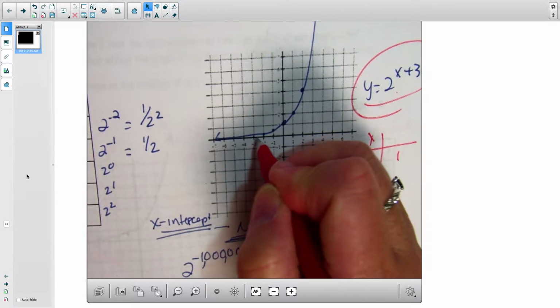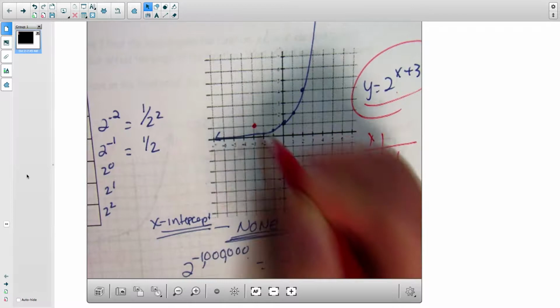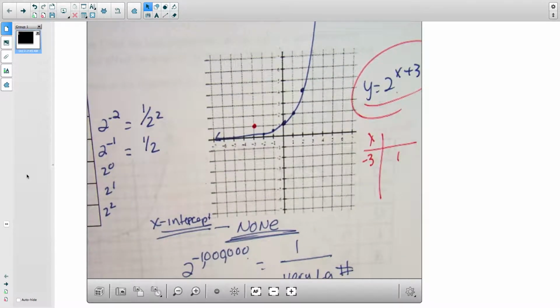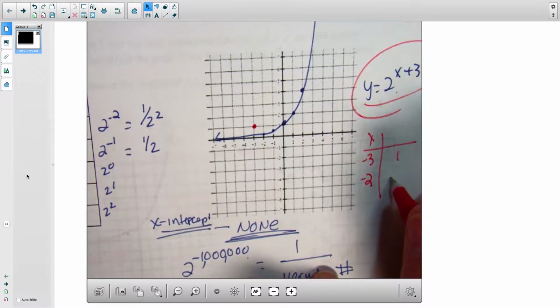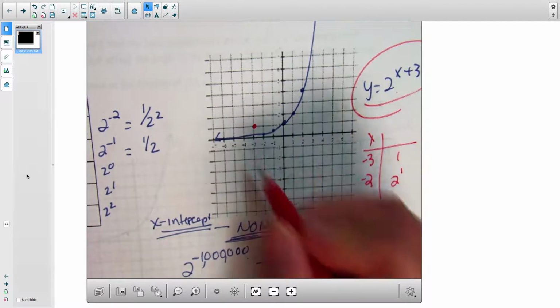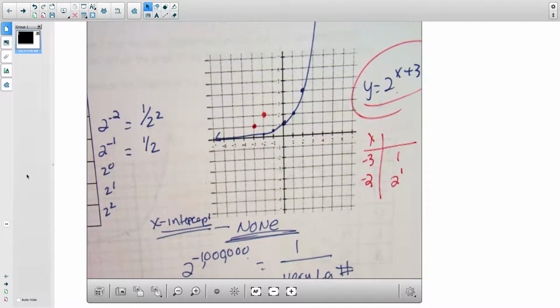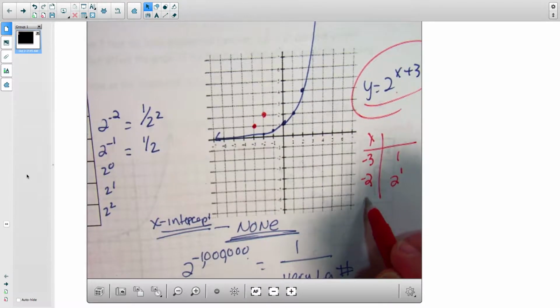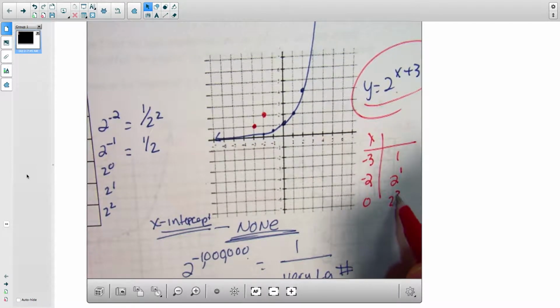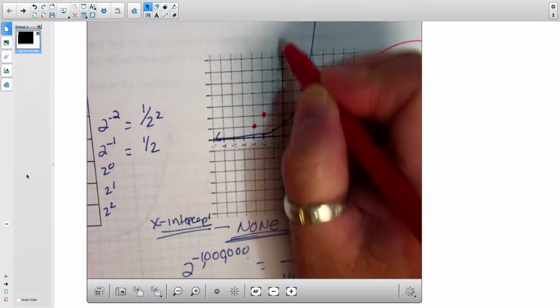So over here at negative 3, I'm now here at 1. There's a lot of light bulb going on over here. And then when I let x be negative 2, what do I get? It's 2 to the first power, which is 2. When I let x be 0, we're at 2 to the third, which is 8, so we're clear up here.